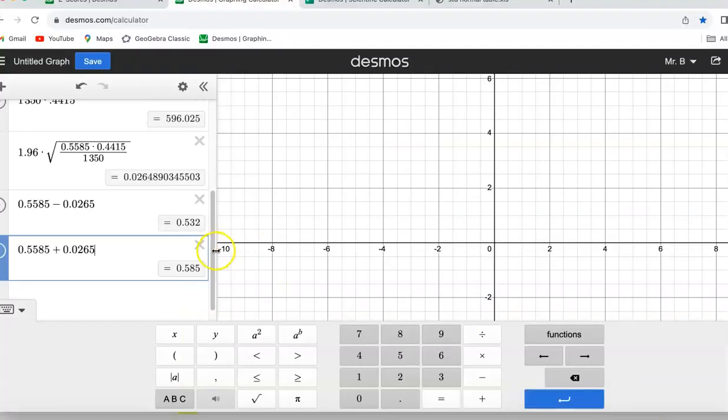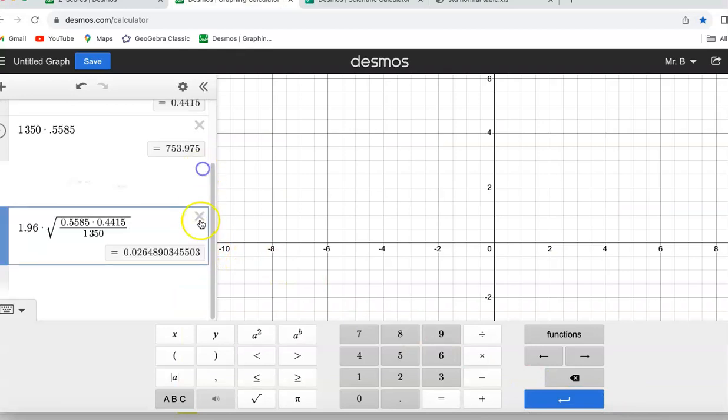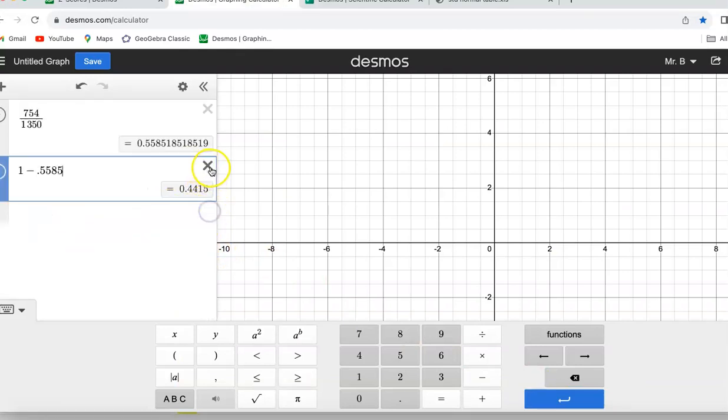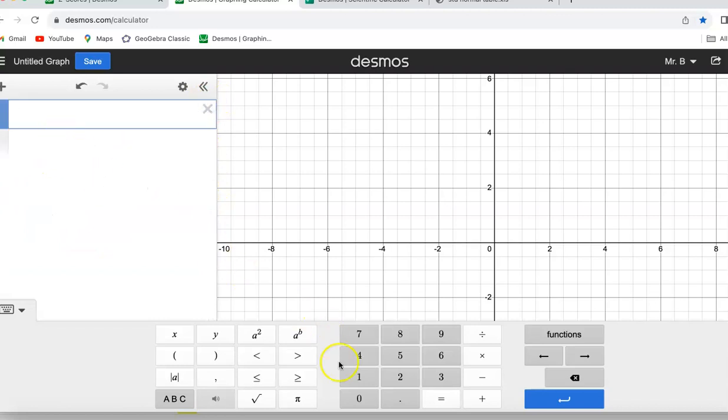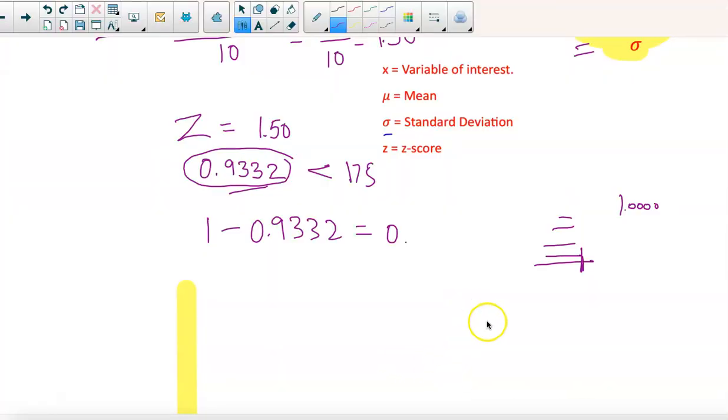Let's just use the calculator. Alright. So it is 1 minus 0.9332. That gives me 0.0668.